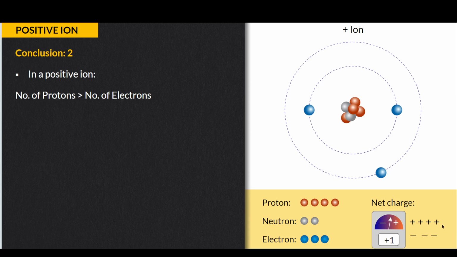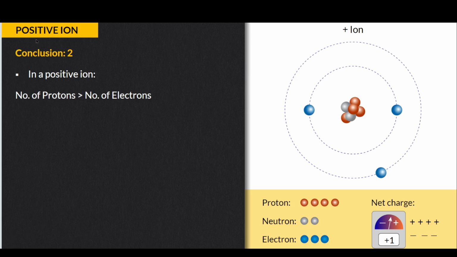There are 4 positive signs, and the negative sign is 3 because electrons carry negative charge. Now if you see the overall, this is plus 4 minus 3. So 4 minus 3 is how much? Plus 1, because there is more positive charge, right? So the net charge is plus 1. So the net charge is positive. That's why it is called a positive ion.